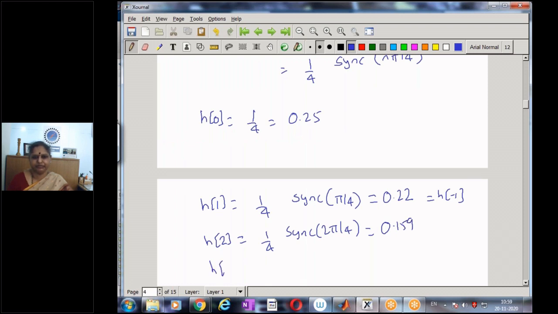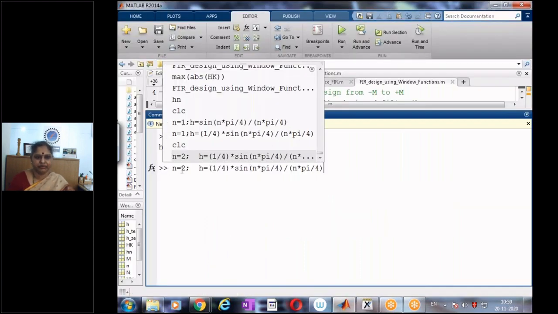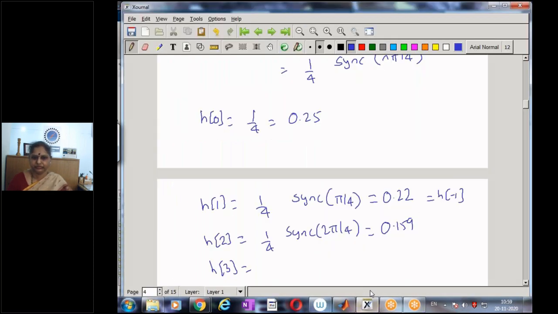Next, say I compute h of 3. Similarly, I put n equal to 3 in the above expression, and I have the value as 0.075.